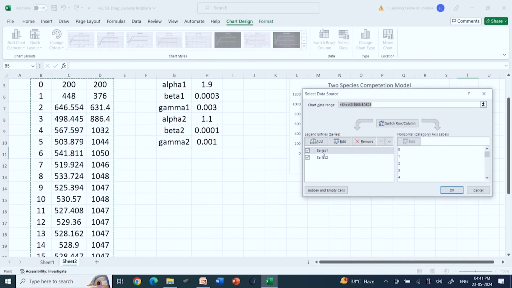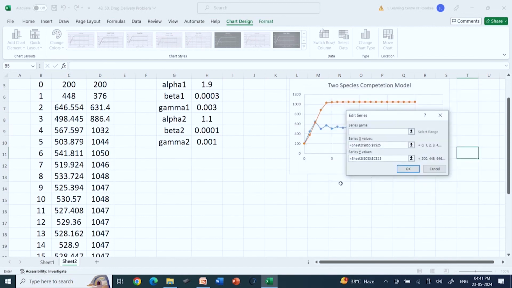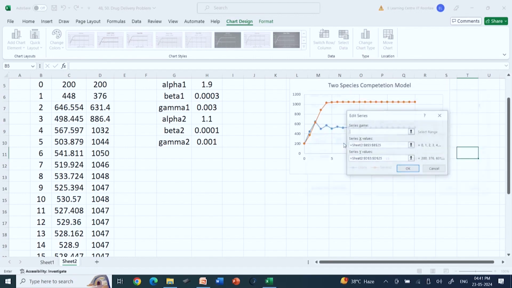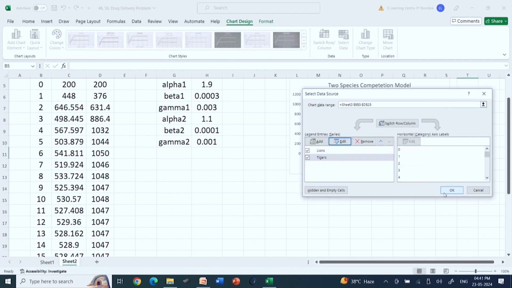Select it, go to series 1, edit. Series 1 is lions and series 2 is tigers.